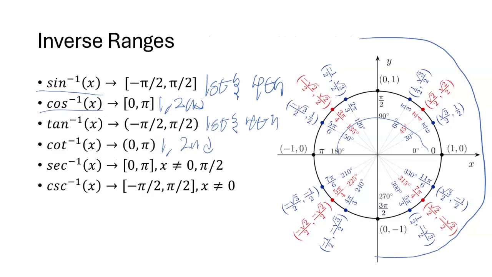This one's slightly different, however, because cotangent and tangent do not include the endpoints like sine and cosine do. They have open brackets versus closed brackets, so keep that in mind. Inverse secant is 0 to pi, but it cannot equal 0 or pi halves. And then inverse cosecant is, again, first and fourth quadrant, but x cannot equal 0.